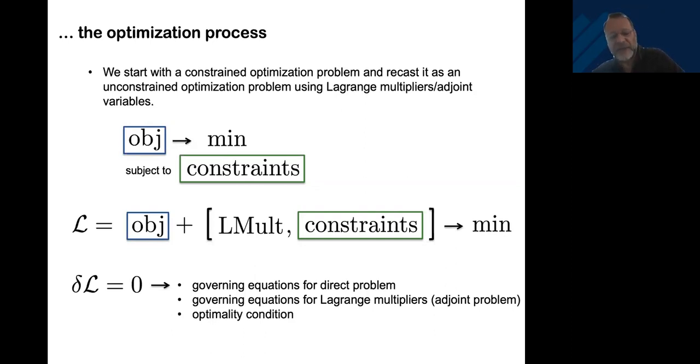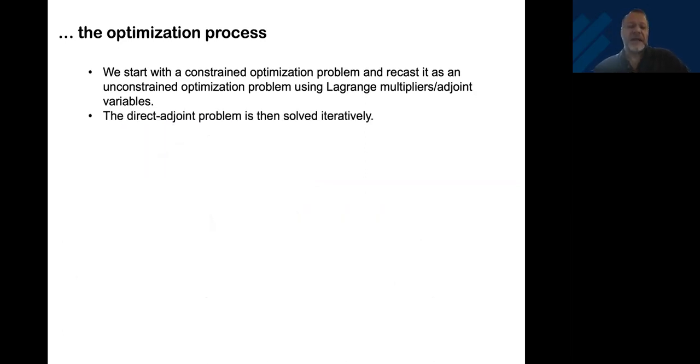That's the adjoint problem. And then if we take the variation with respect to all the control variables, whatever we decide on controlling with, we get an optimality condition. Okay. So once we have all these 3 equations, we have to solve them simultaneously, but nobody does that. It's a very complicated system of equations. We actually solve that iteratively.